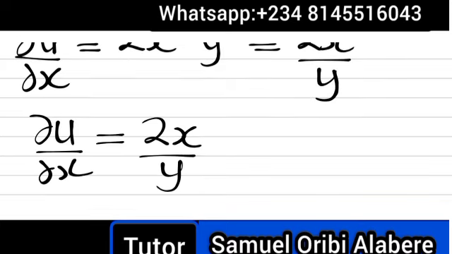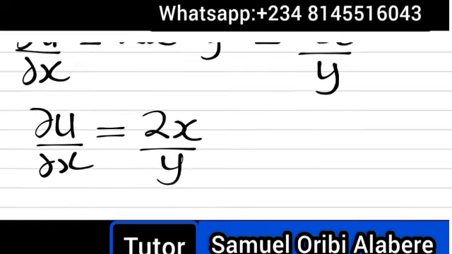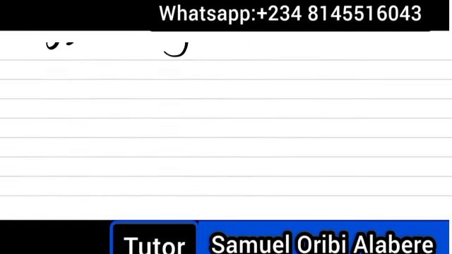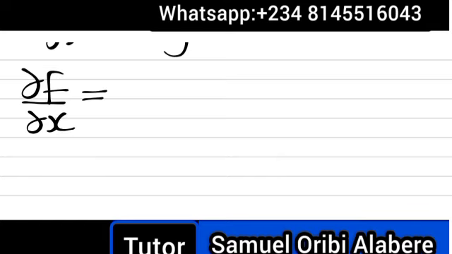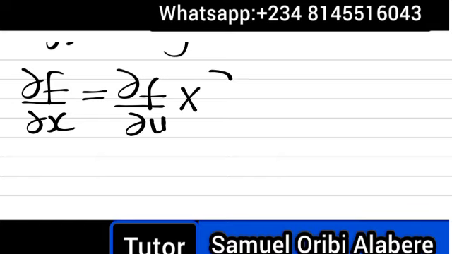But remember, the question told us to find the partial derivative of f with respect to x. So we are going to recall the chain rule that we stated earlier, which states that the partial derivative of f with respect to x will be equal to the partial derivative of f with respect to u multiplied by the partial derivative of u with respect to x.